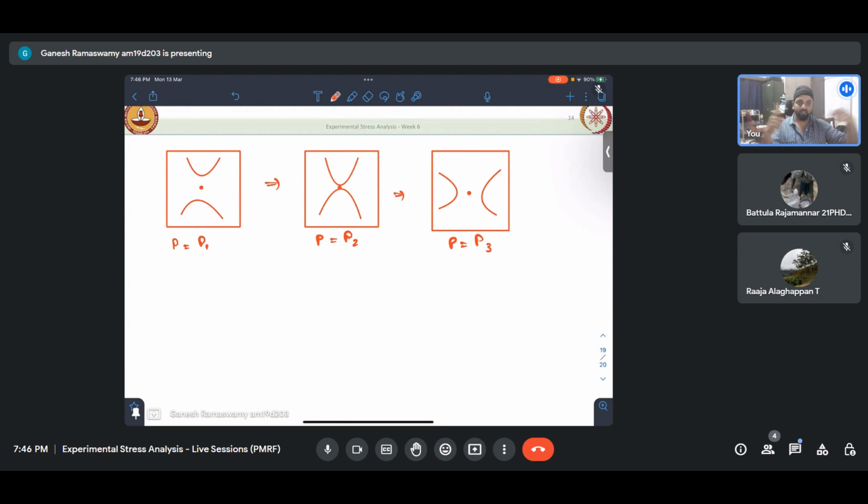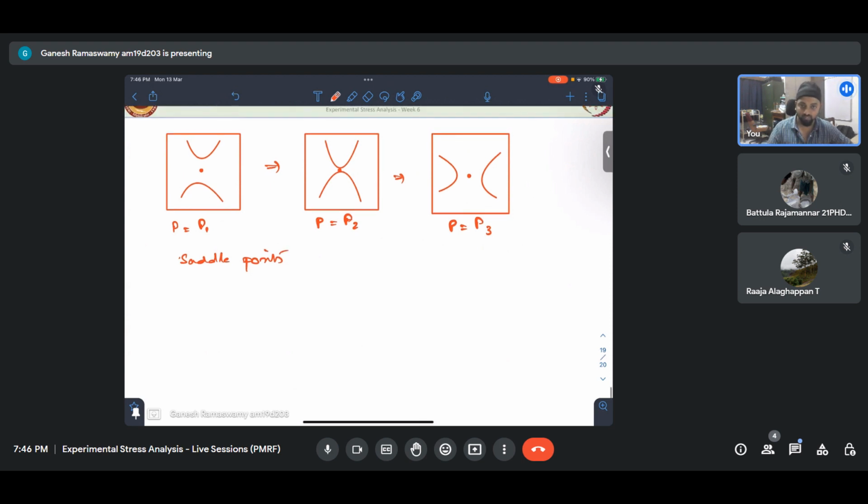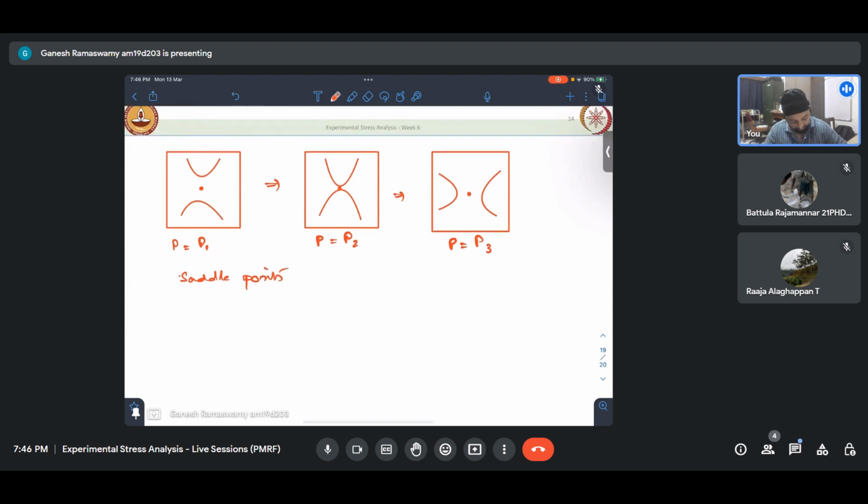So the merging and separating out, these actions we can see as we increase the load. Increase or decrease, whatever the case may be. If I were to decrease, it will go in the opposite direction. These are how saddle points behave. So essentially, we have two opposing gradients.